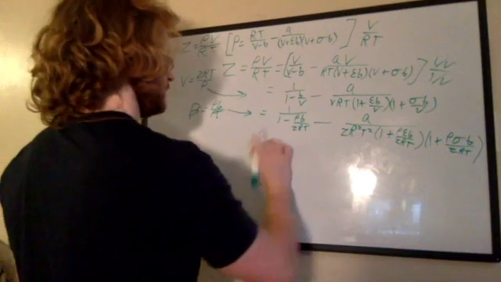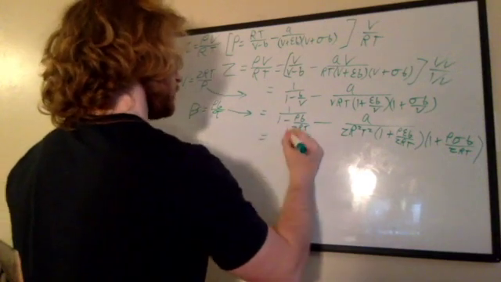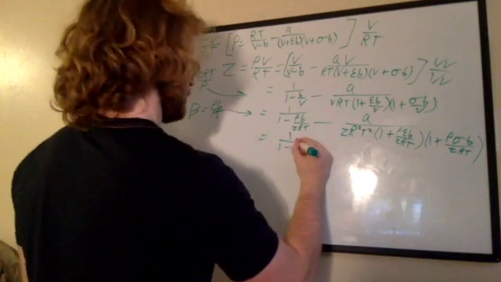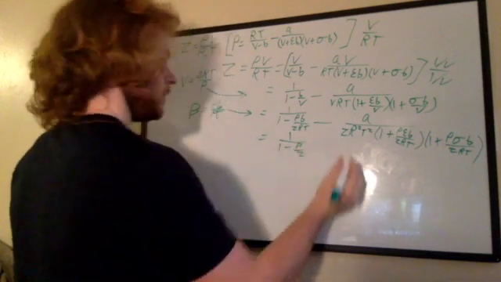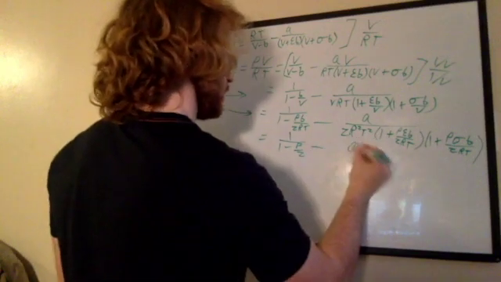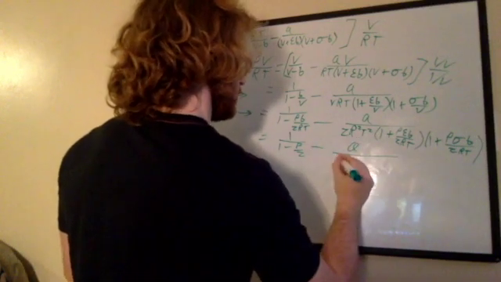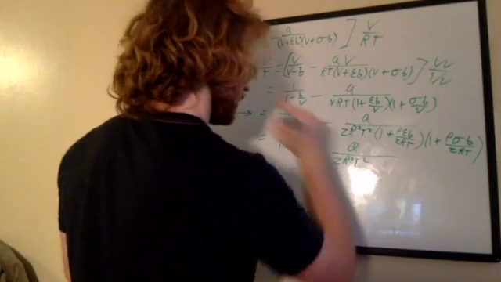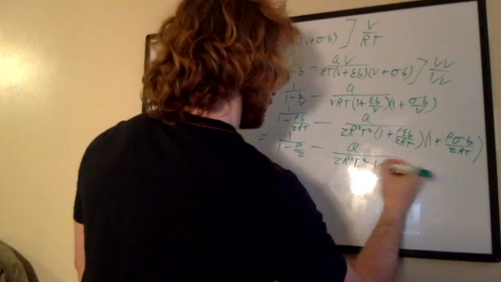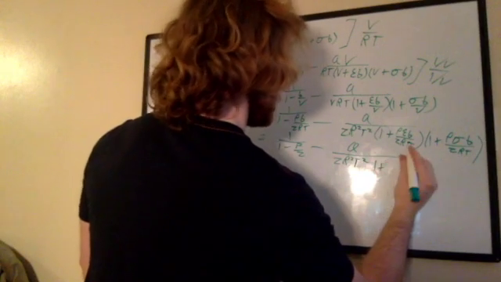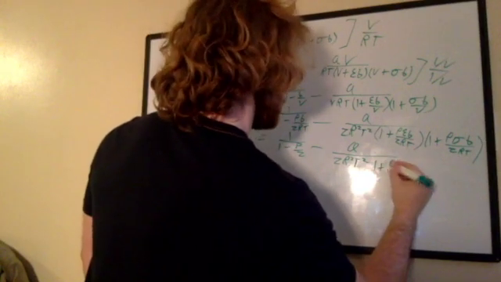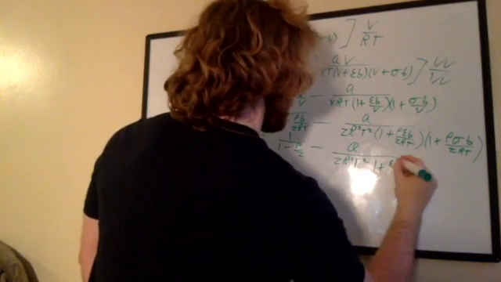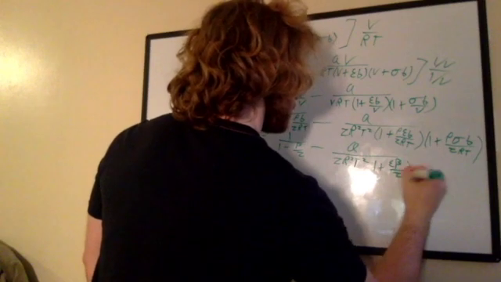So we're going to get 1 over 1 minus beta over z is equal to a over z R squared over T squared, and that's going to be equal to 1 plus epsilon beta, excuse me, over z.